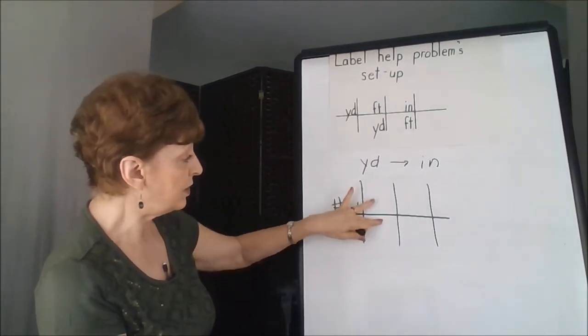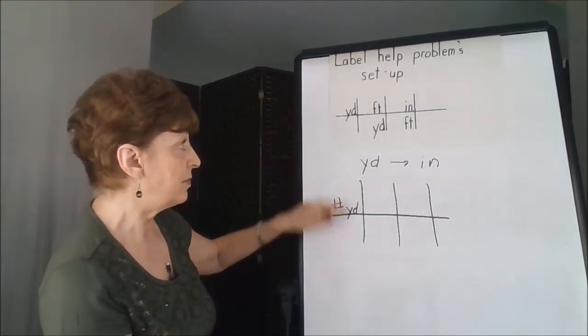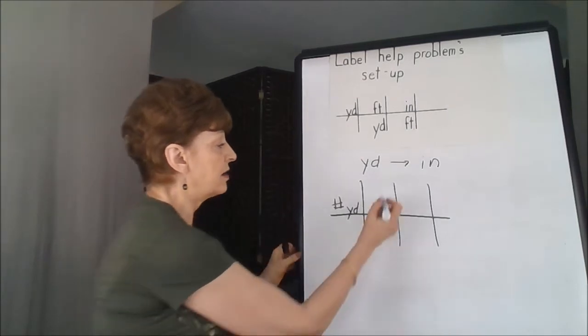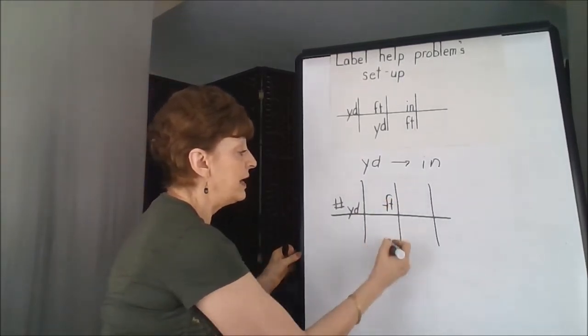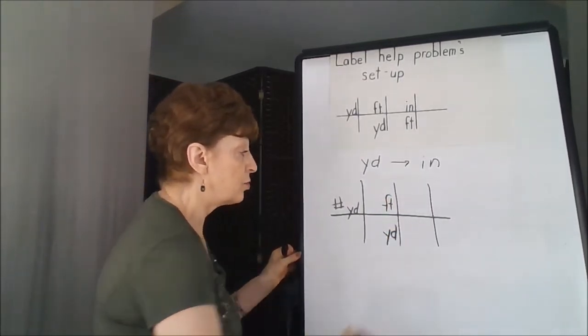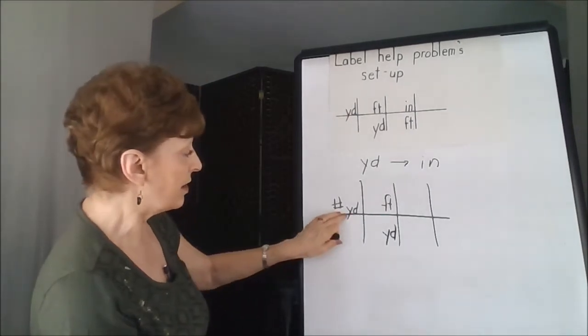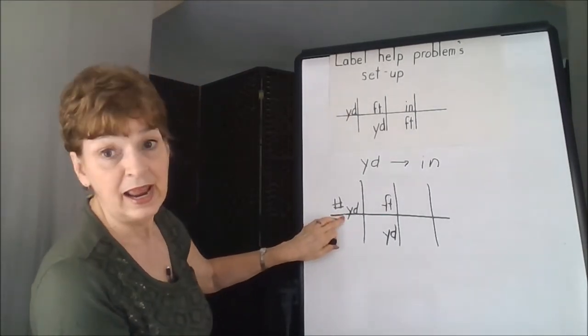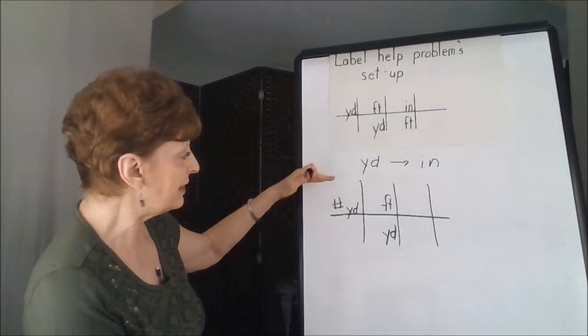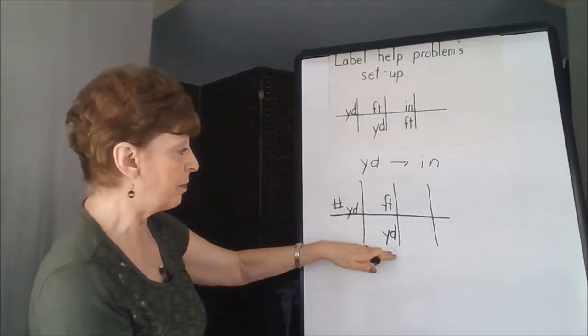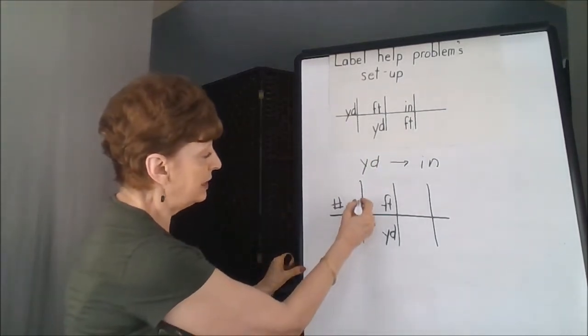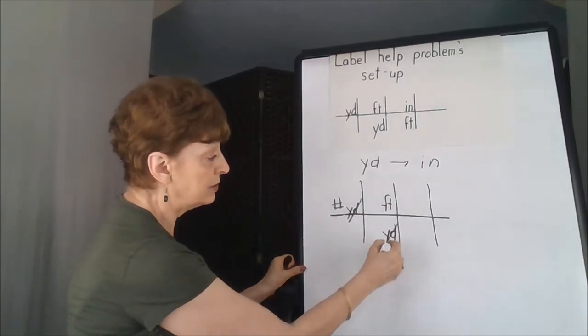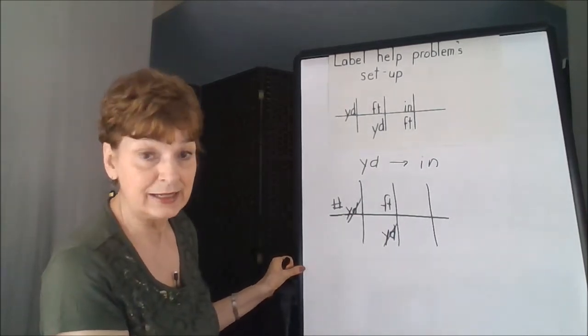The next conversion we do is possibly to feet and yards. We need to be able to cross out the yards, and we do that by putting one on the top row and one on the bottom row. So basically these two labels are eliminated.